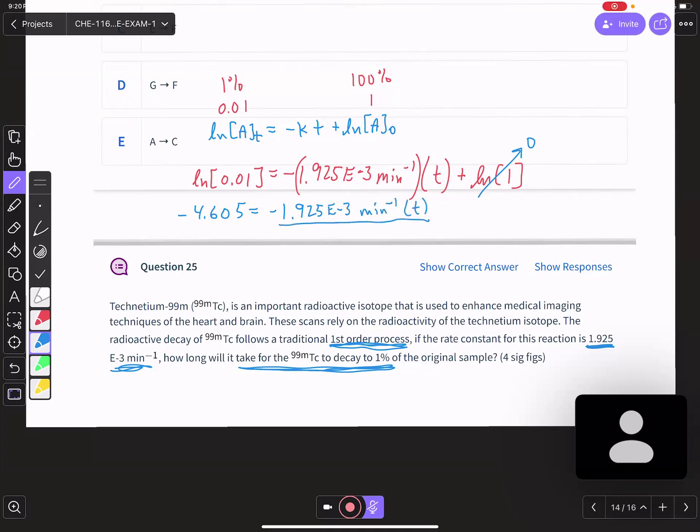All right, divide by our rate constant, negative 1.925 e to the negative 3 inverse minutes.